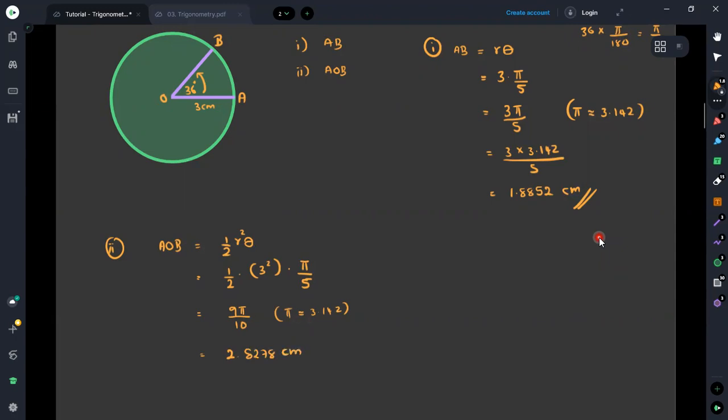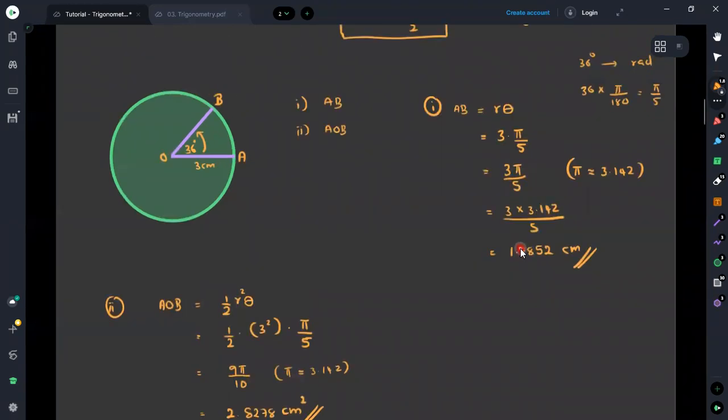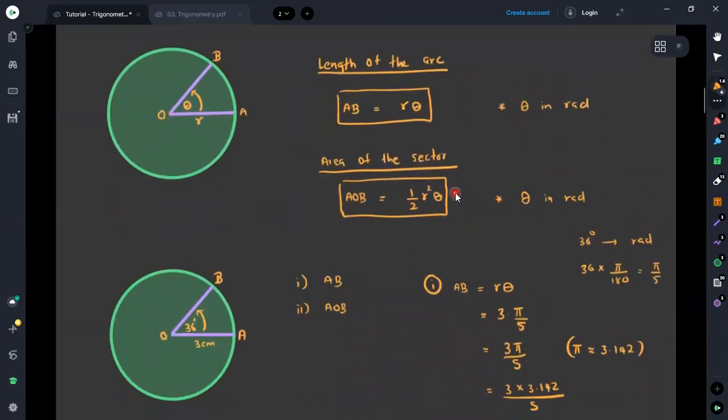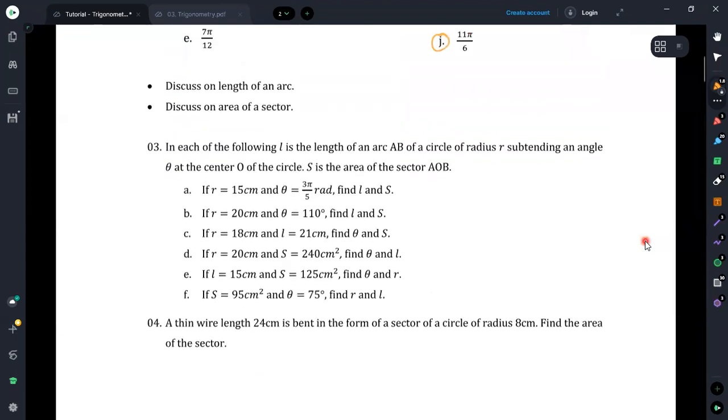Here we can include the units as well. Since we have measured the length in centimeters, we consider the area in square centimeters. Therefore, the area of the sector is 2.8278 square centimeters. This is how we use the equations to find the length of an arc and the area of a sector.